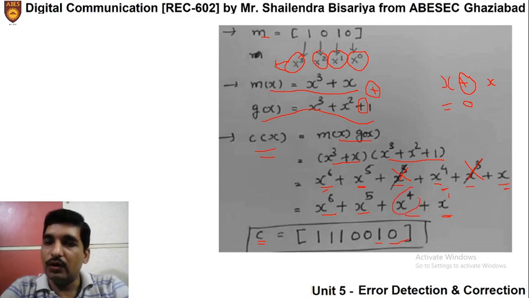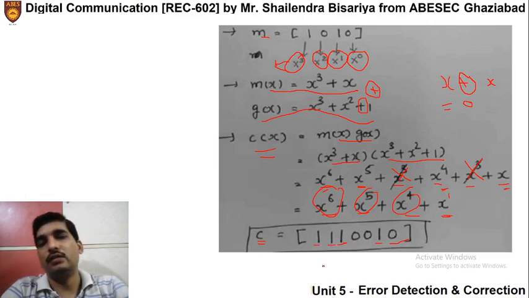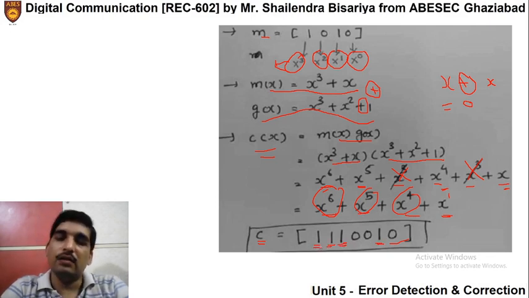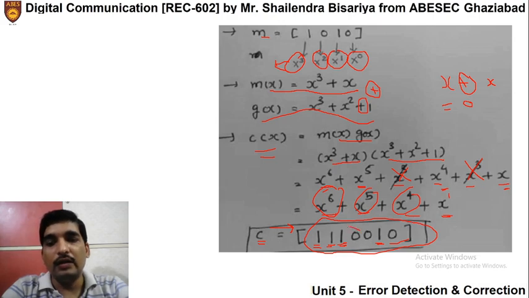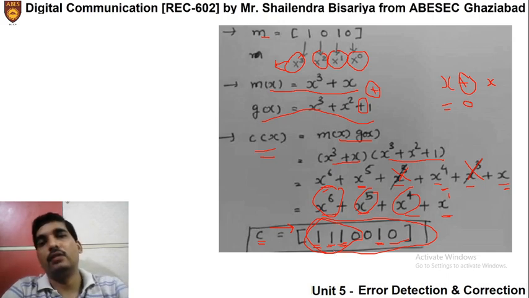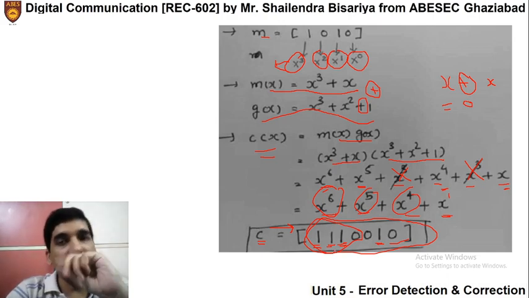Then x to the power 4, 5 and 6. So the 4th, 5th and 6th bits are 1, and the rest of the bits are 0. Okay, so this is your code word, but this is a non-systematic code word, hence we cannot say that the initial 4 bits are message bits. Message bits may be anywhere. So this is a non-systematic code word.